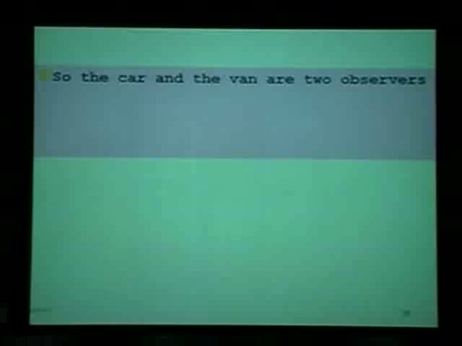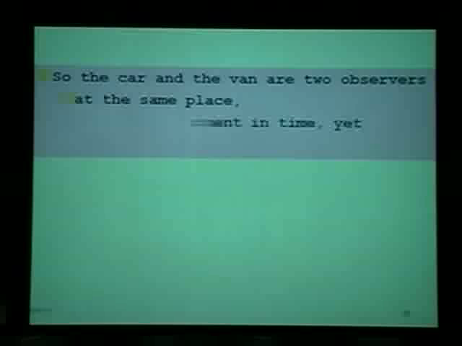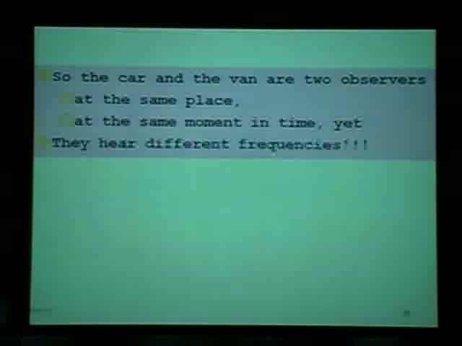Right? Because we're just looking at the moment where the blue car is passing the red car. So we have the van, the red car and the blue car. I need to do a little updating there. They are at the same place in the universe at the same moment in time, yet they hear different frequencies.